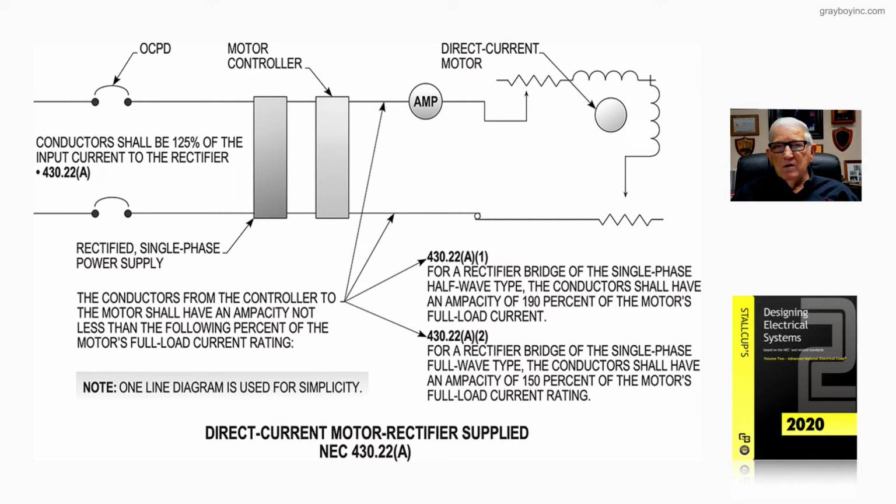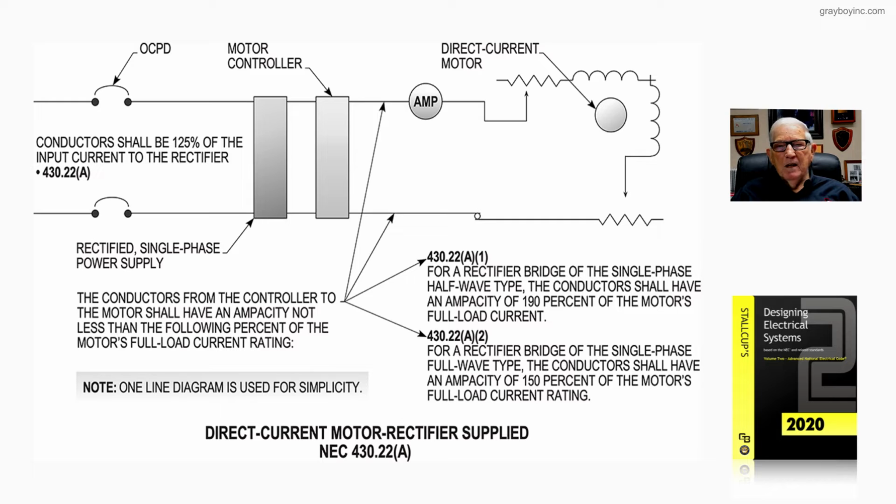Now notice here we're not looking at the nameplate current on the motor or the full load current ratings from our tables that we mentioned, which is 430.248 for single phase and 430.250 for three phase.